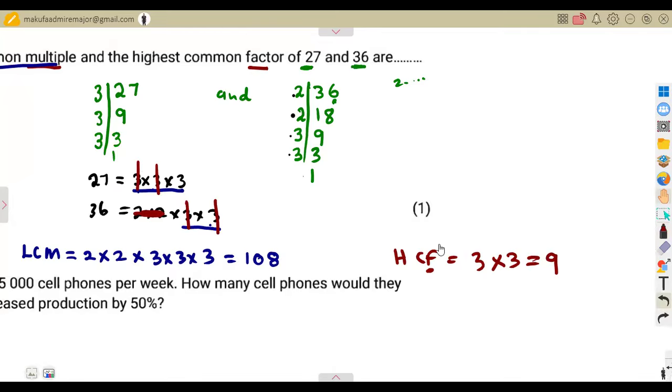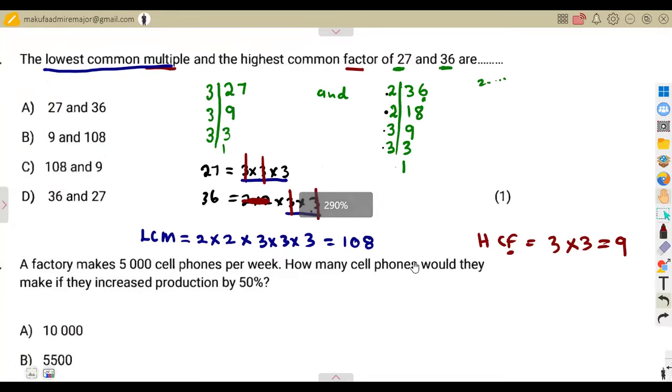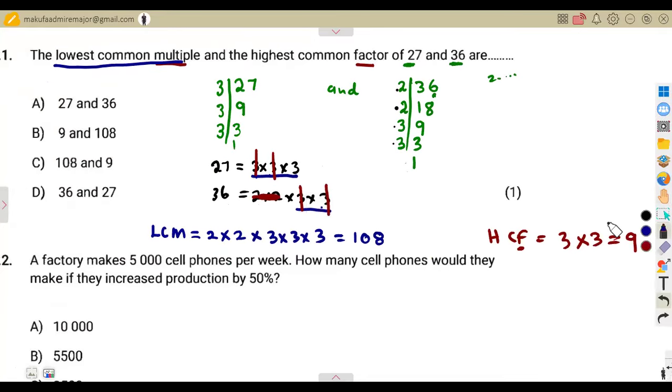So what is the proper answer? The LCM is 108 and the HCF is 9. So this is the proper one, 108 and 9. Remember, they said lowest common multiple and highest common factor, so we must start with the lowest common multiple followed by the highest common factor.